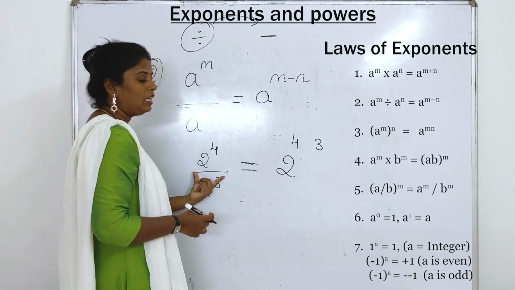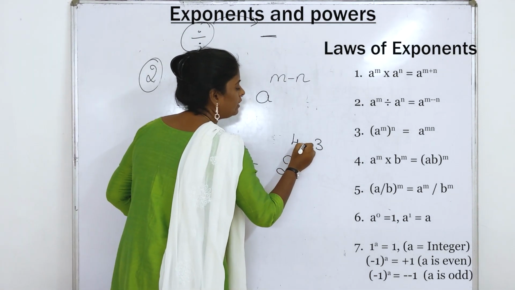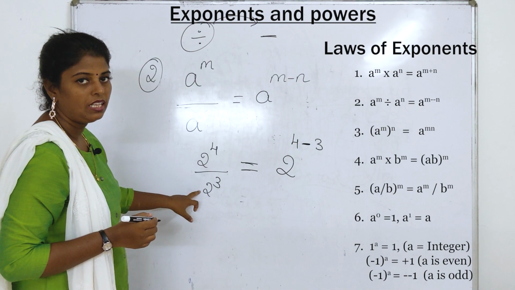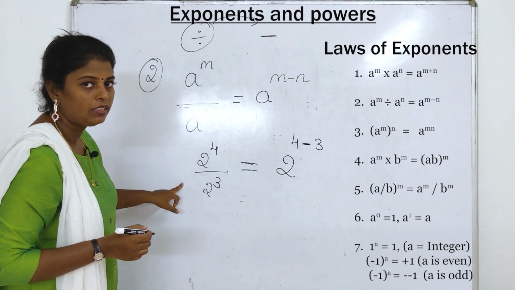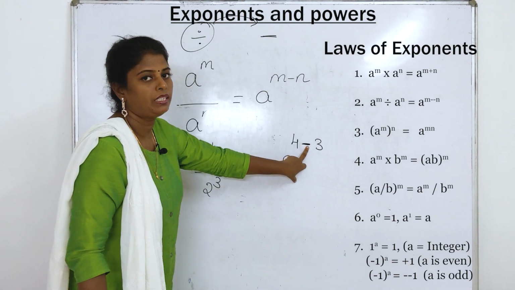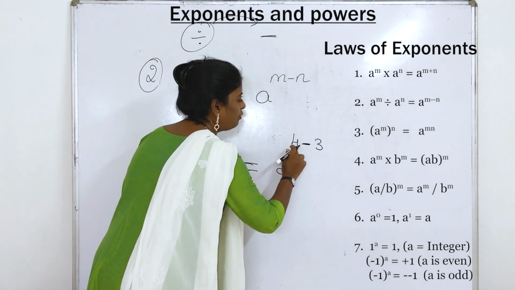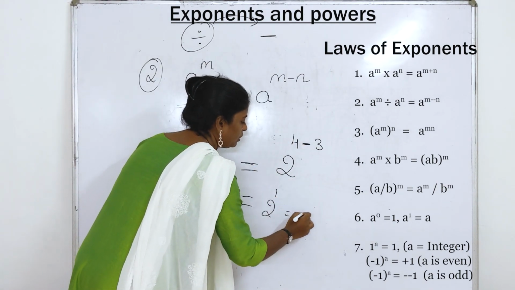Here we have the division, so we write the minus sign. If it is multiplication, then you write plus. If it is division, you write the minus sign. So this is equal to 2 power 4 minus 3, which is 1. So 2 power 1 is nothing but 2.